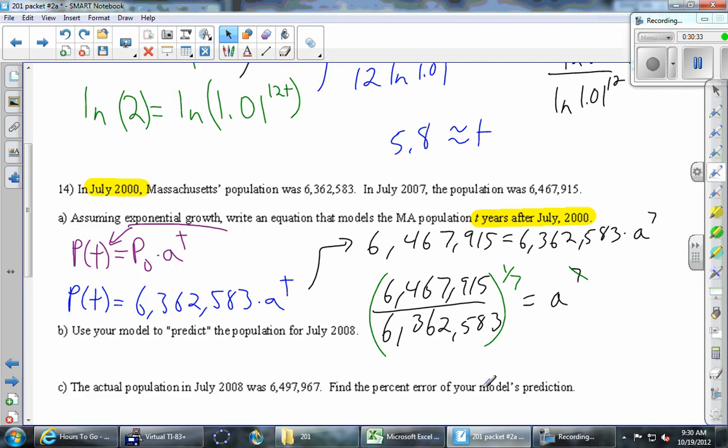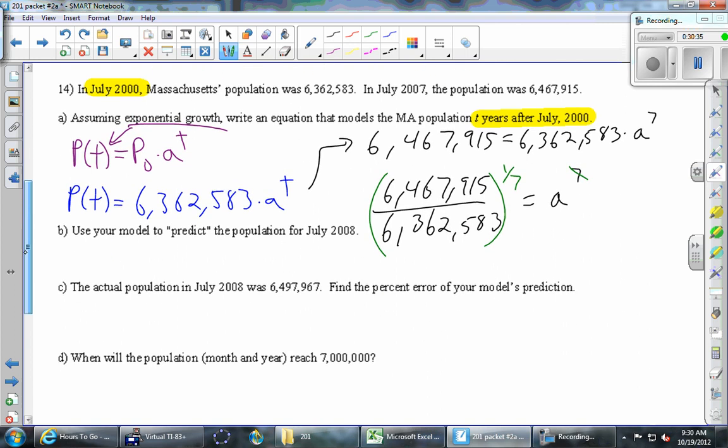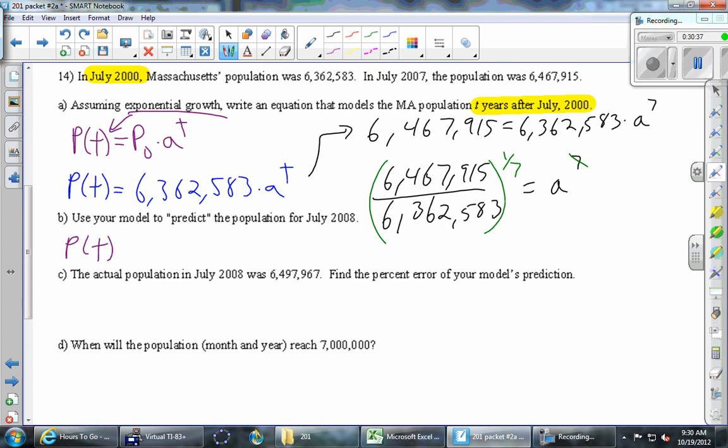All right, so then our final answer is P of t is this big number here in blue times 1.0023, and it was real close to a 5 there, wasn't it? Next numbers after 3 were like 4 and 8 or something. Yeah, okay, so that's probably pretty accurate.